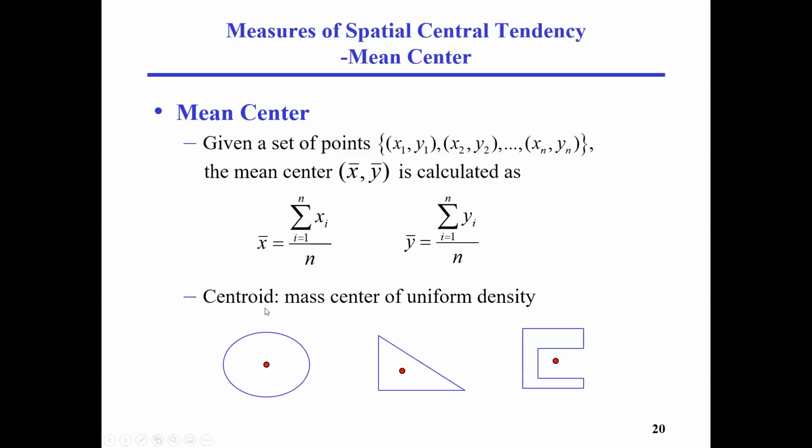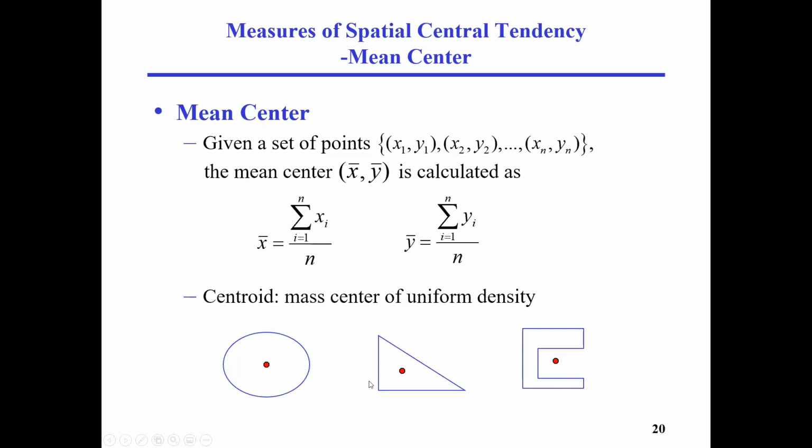It's the center of a polygon, and it is also the mass center of uniform density, which means that if you consider each polygon here has a specific mass, has a specific weight, and this weight or this mass is evenly distributed within this polygon, then the centroid or mean center can be considered as the mass center of that polygon.